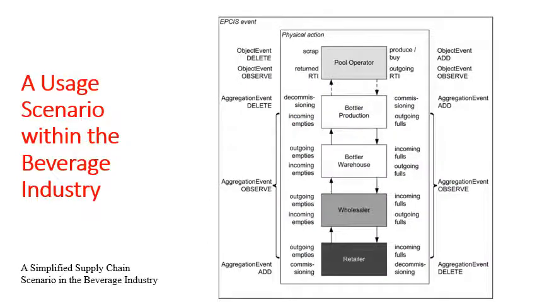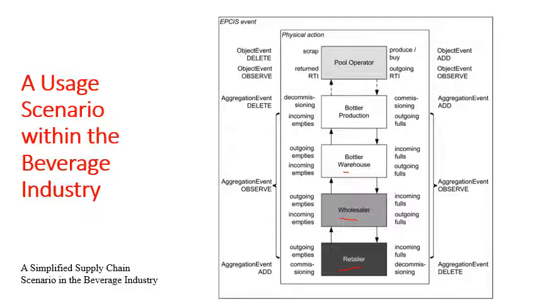In the user scenario for the beverage industry, a simplified supply chain is represented in the figure on the right side. It is a kind of EPCIS information system event. The physical actions start from the pool operator, bottler production, bottler warehouse, wholesaler and retailer.